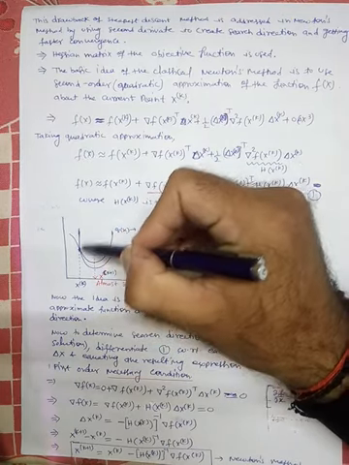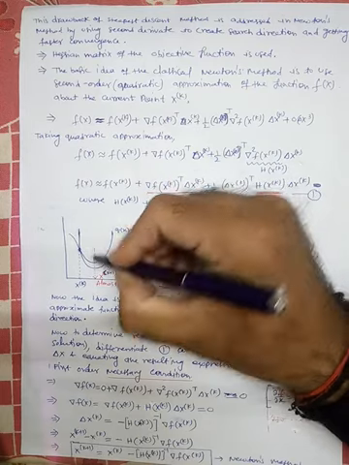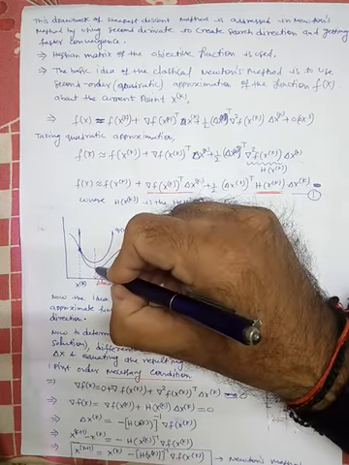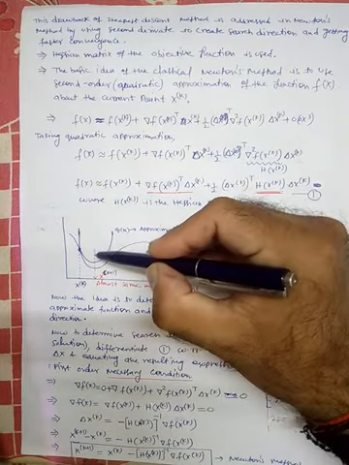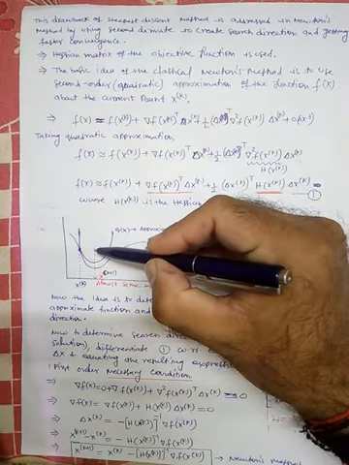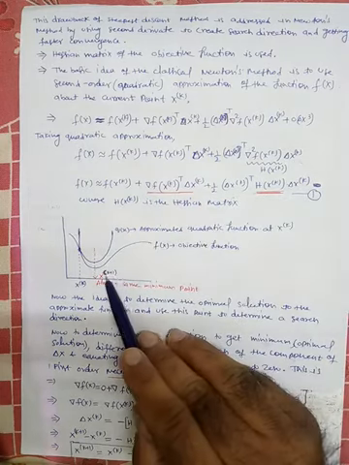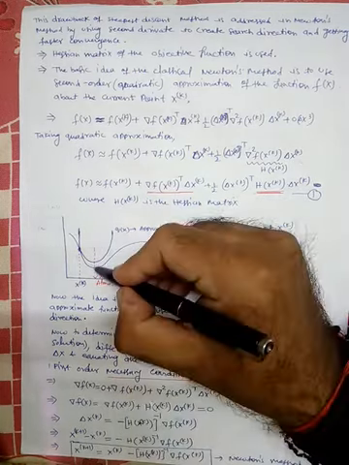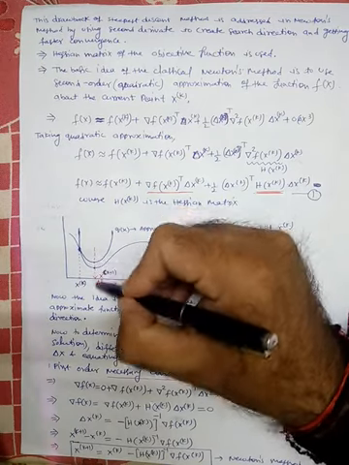Both are coinciding at this point, and the minimum occurs at this point. Here, at the xk plus 1 point, the minimum of the actual function and the approximated function are almost the same.